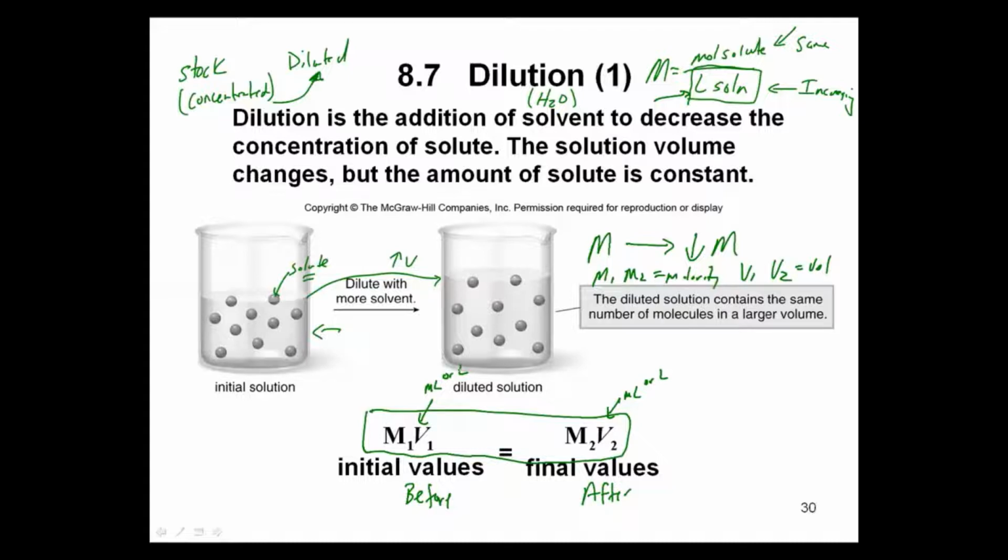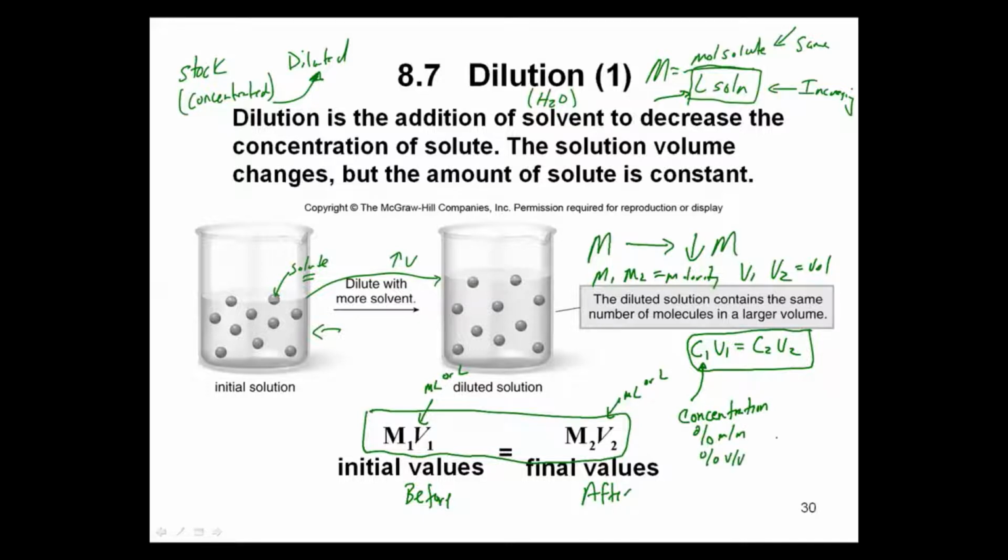Sometimes you'll see this equation in a more generic form, and sometimes people will use this equation as C1V1 equals C2V2, and it's really the same thing, except that the C here is just generic for concentration. And this could technically be something like percent mass to mass that we talked about. You could do percent volume to volume.